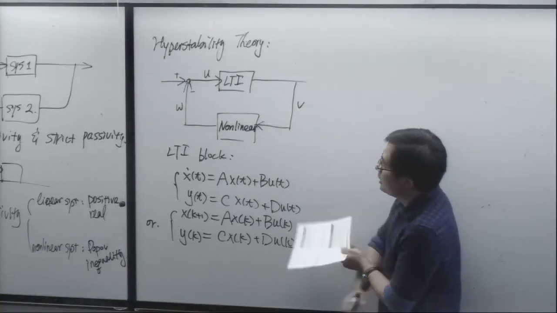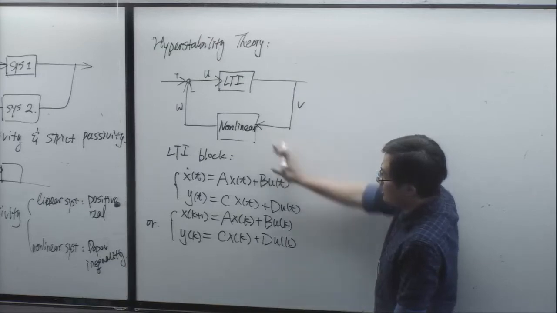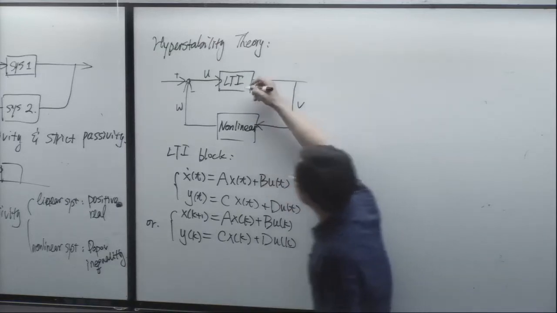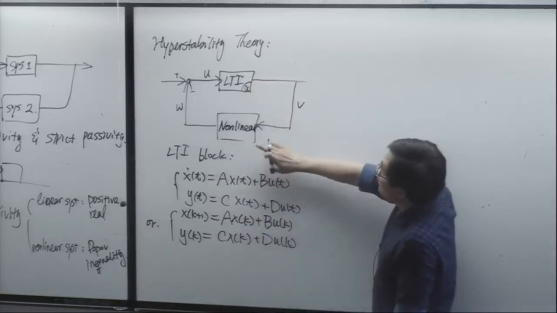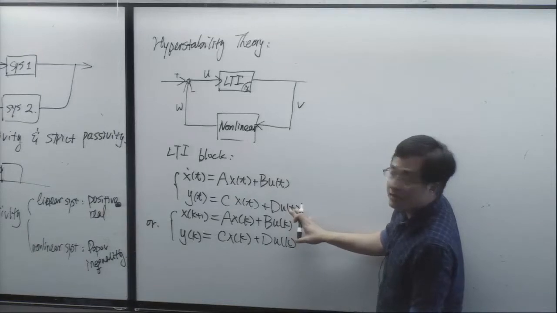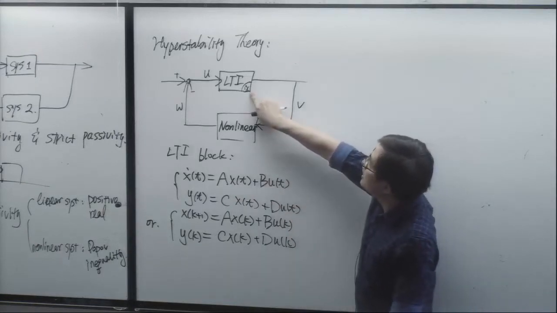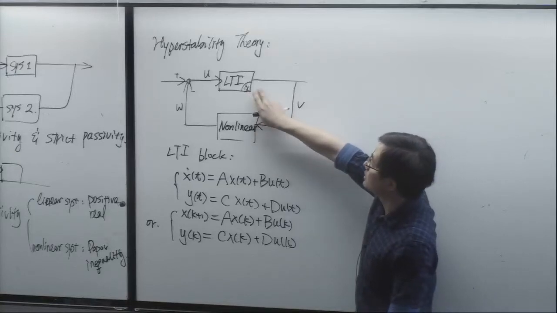All right? So the concept of hyperstability, the goal, so let me put X as a state over here. The goal for hyperstability is to eventually reach some nice behavior for state X. Okay? So that's the focus.